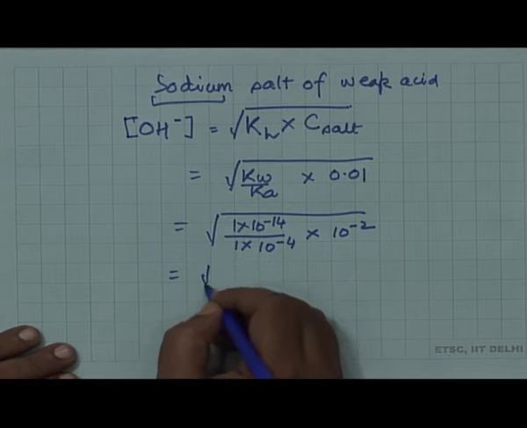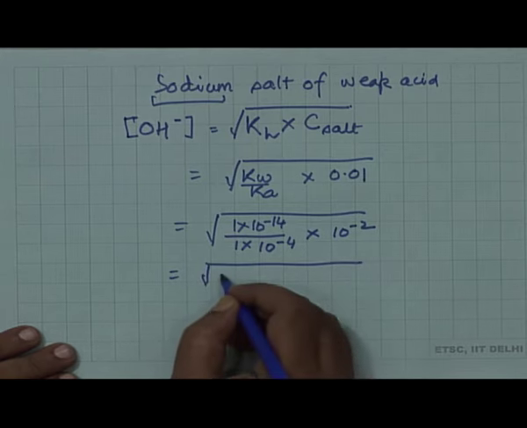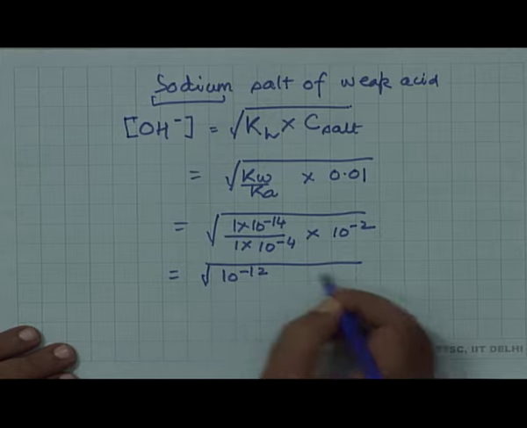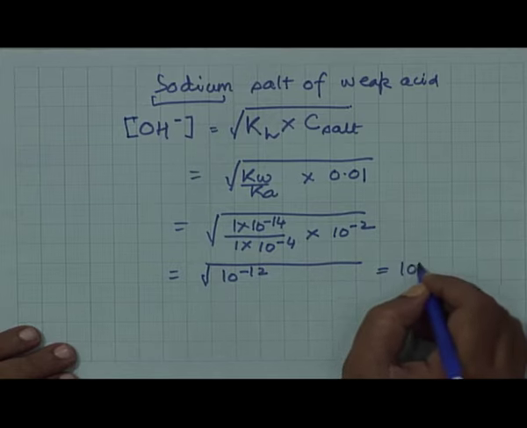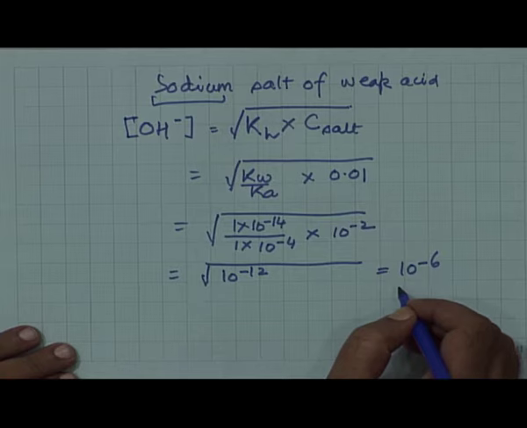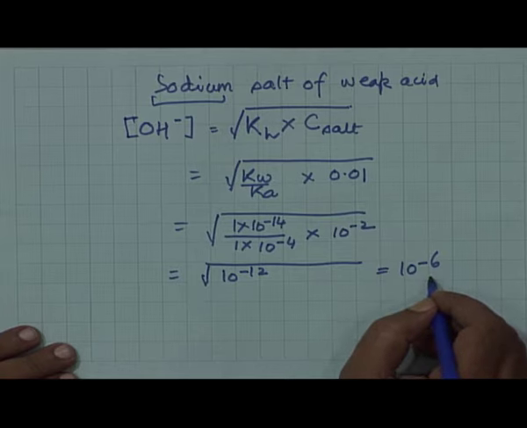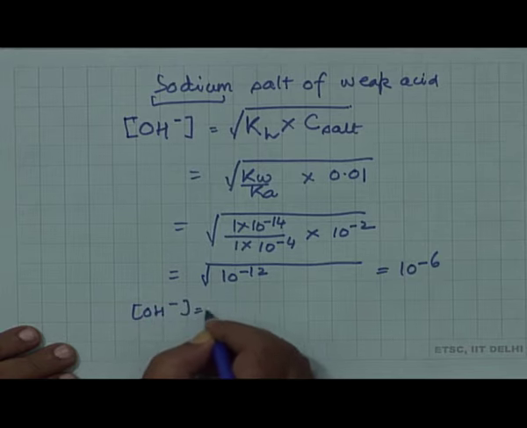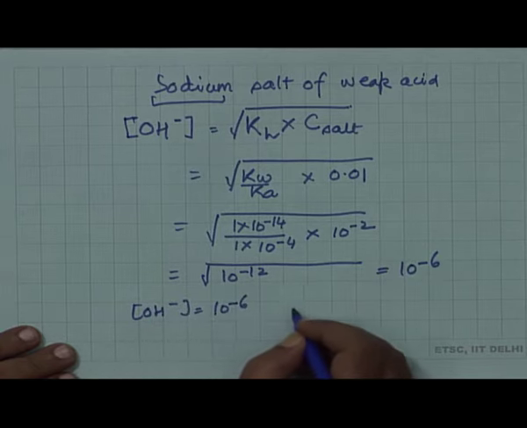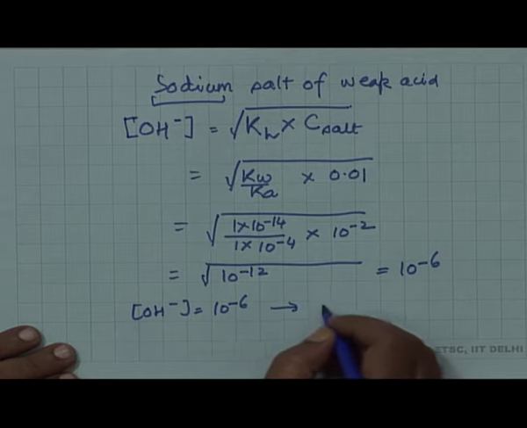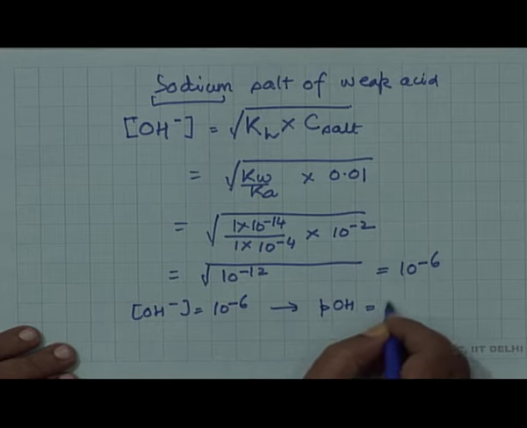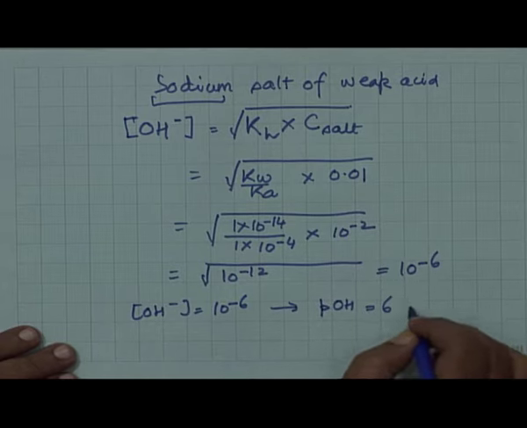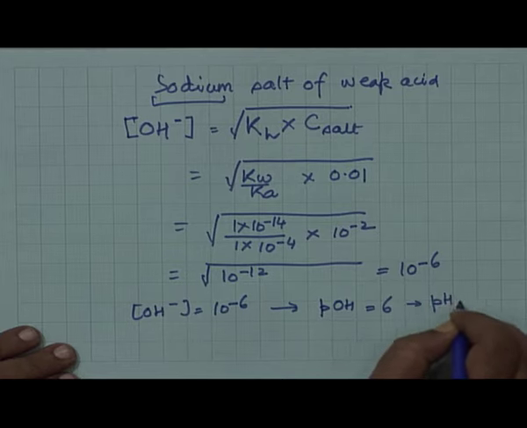So, you see 10 to the power minus 10 into 10 to the power minus 2, 10 to the power minus 12. Under root of 10 to the power minus 12 is 10 to the power minus 6, and so OH ion concentration is 10 to the power minus 6. Then pOH will be equal to 6, whereas pH will be equal to 8.